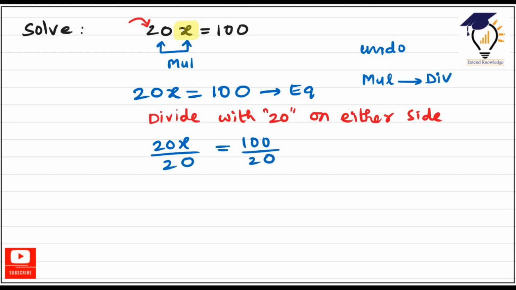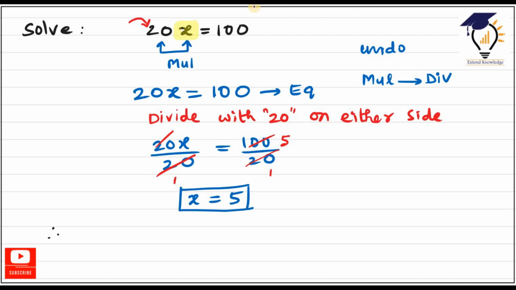Let me strike off. 20 times 1 is 20 and 20 times 5 is 100. As we can simplify this, x over 1, which we can write as x, is equal to 5. So x is equal to 5 is the solution of the given equation.